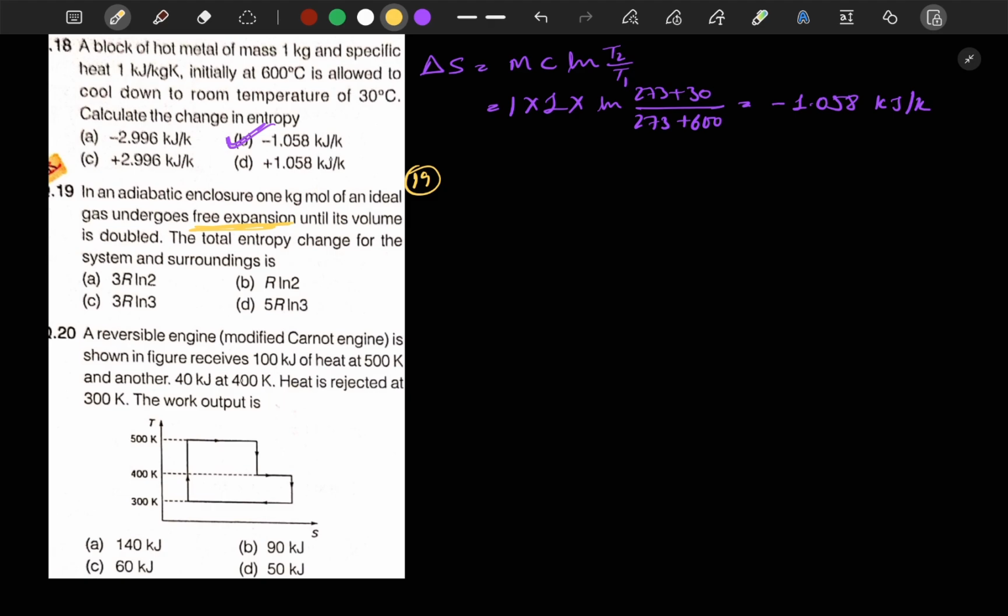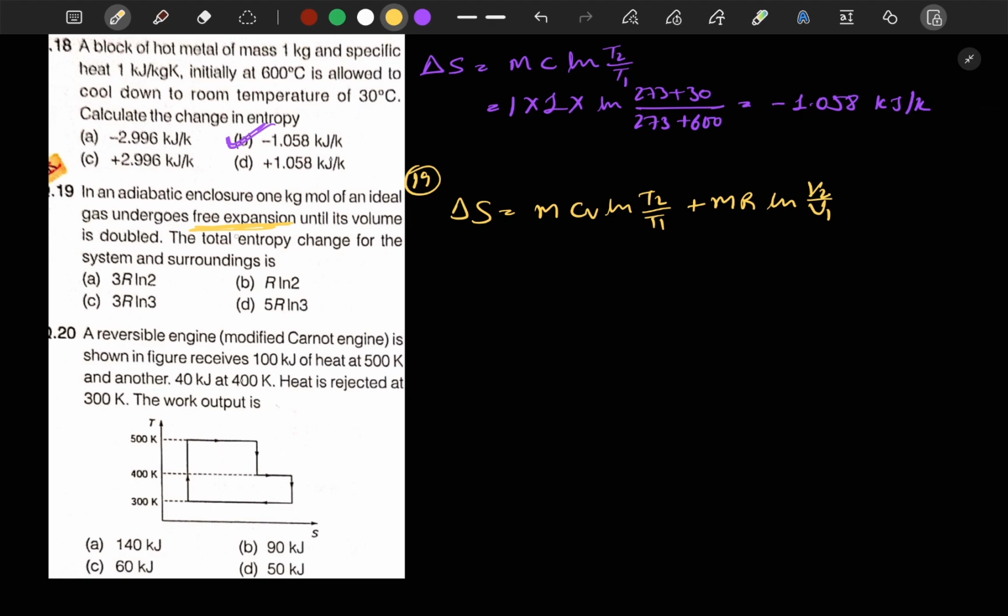Since it's a gas undergoing expansion, although it's free expansion, let's treat it as a change. For gas, the change in entropy is written as m cv ln T2 by T1 plus m R ln V2 by V1. This is our change in entropy equation for an ideal gas.